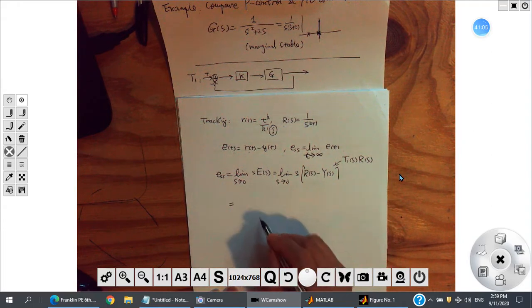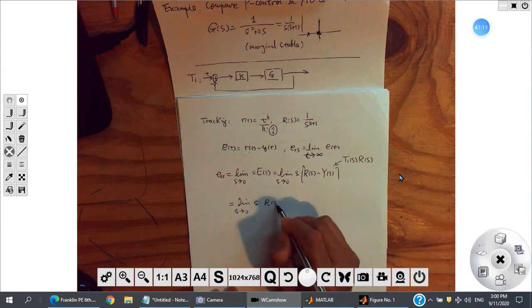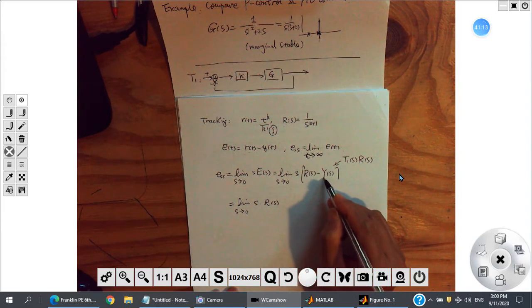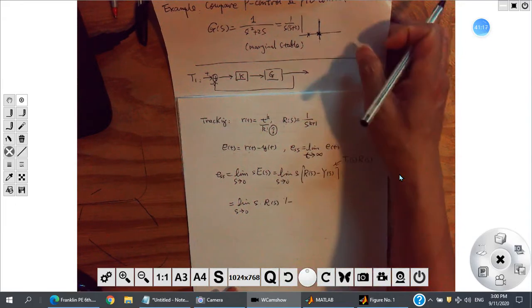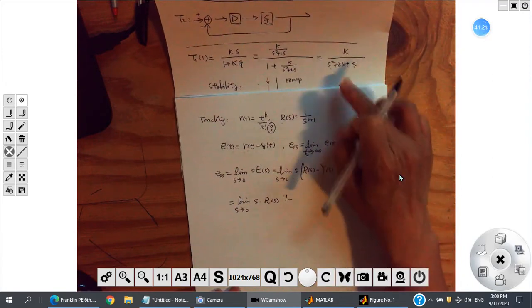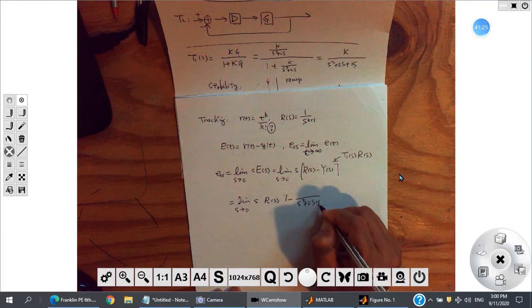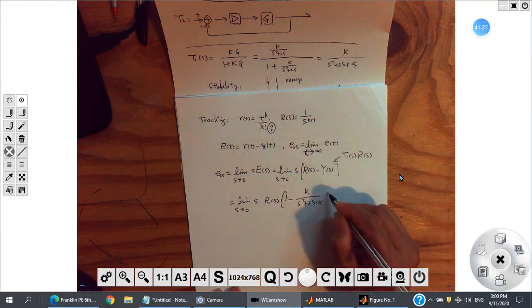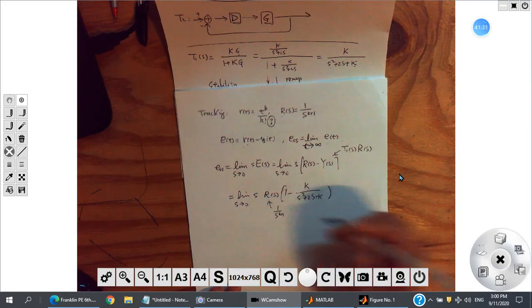So this is the limit as S tends to 0 of S times R of S times 1 minus T1. And T1 is K over S squared plus 2S plus K, and R is 1 over S to the k plus 1.